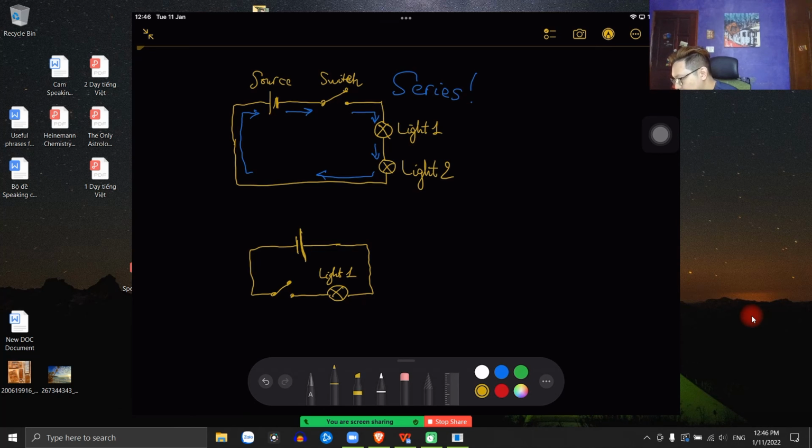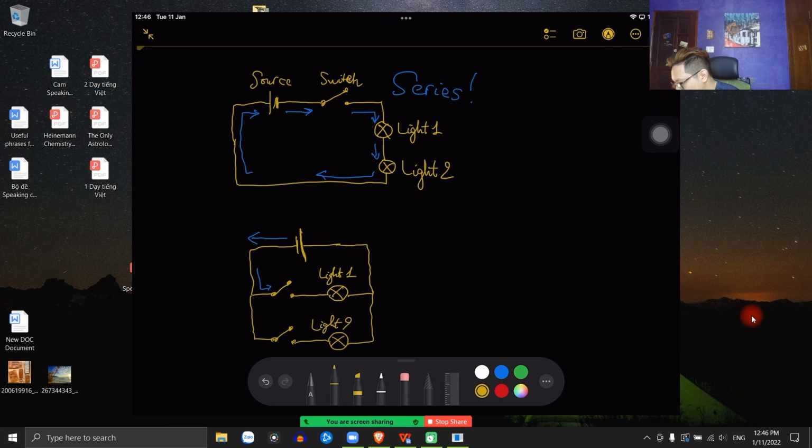Because the electron flow will go this way, so it will hit the switch first. However, if I draw another light here, I'm drawing parallel, you see.